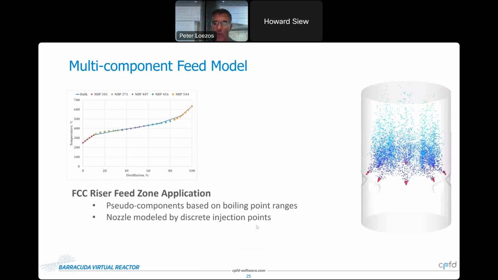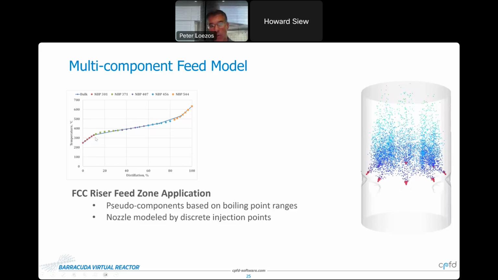When we want to model the feed zone, let's say of an FCC unit, we first have to start with a description of the feed, right? And the starting point there is generally a boiling point distribution or a SIMDIS curve. What we do is we break the SIMDIS curve up into pseudo components that are based on boiling point ranges. An example of that is given in this plot at the top, where I'm plotting temperature versus distillation, and this is a typical SIMDIS curve.